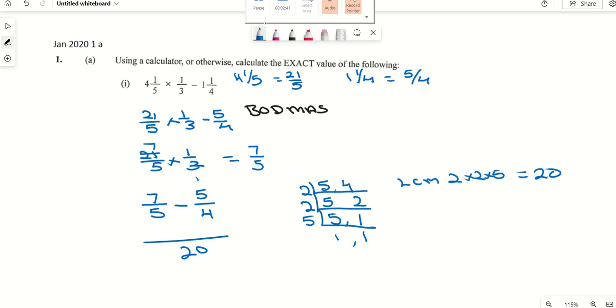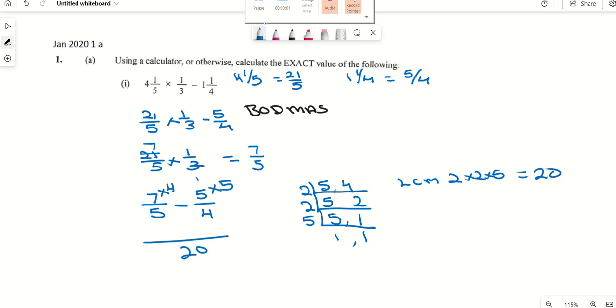And you compare your denominator with our LCM. How many times can 5 go into 20? 5 goes into 20 4 times, so you multiply the numerator of that fraction by 4. 4 goes into 20 5 times, so you multiply the numerator of that fraction by 5.